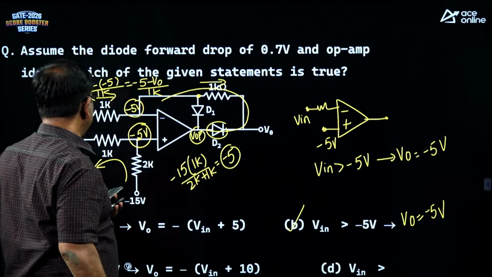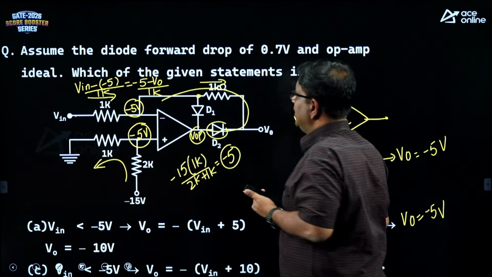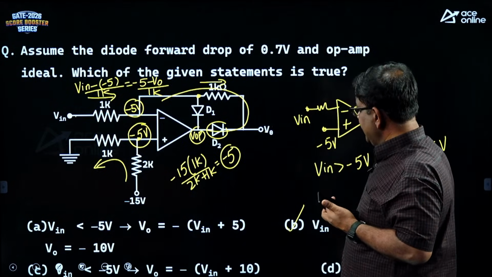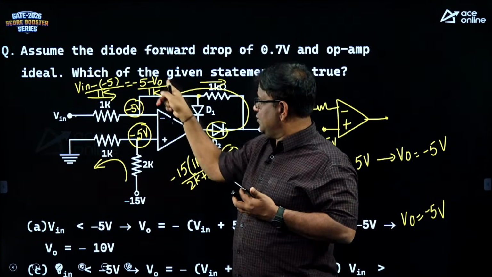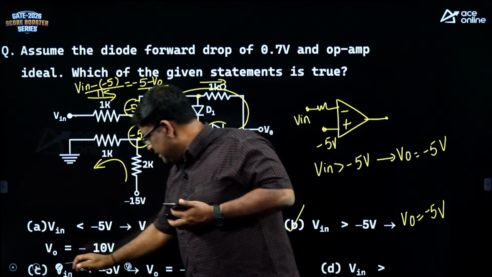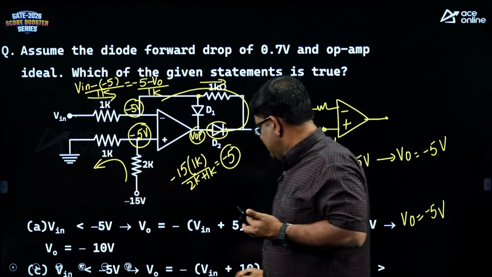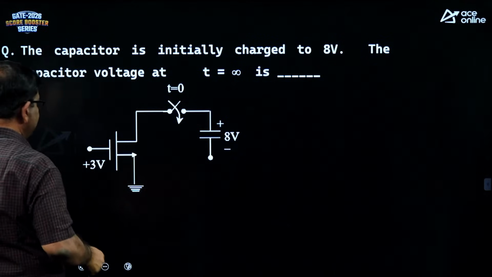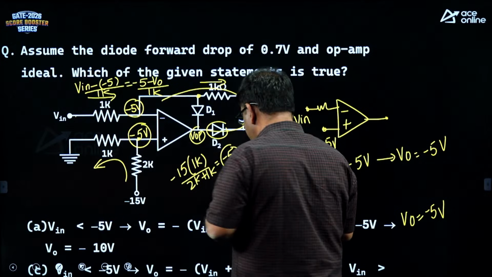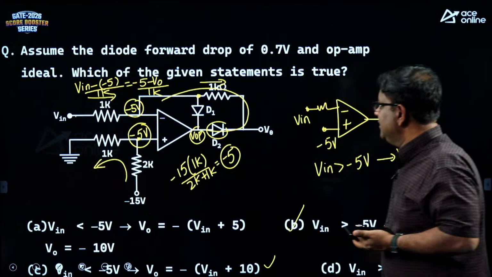So, your V0 is minus Vin plus 10 minus 5, which is minus Vin minus... hopefully this is option C. So, you can see that two options are correct here, option B and option C.